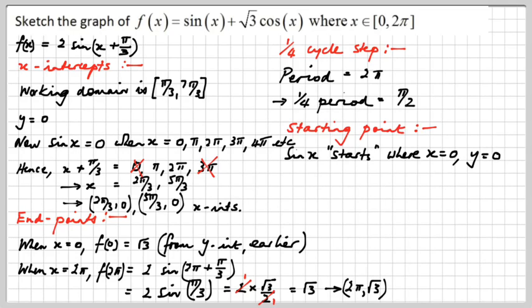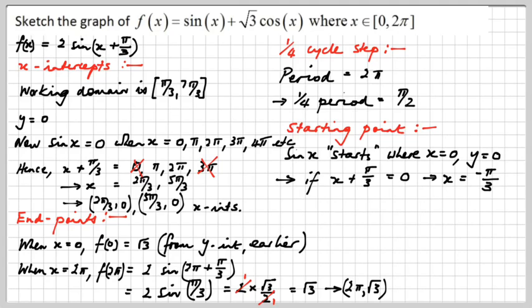Now, this one is translated, isn't it? So we're saying x plus pi on 3 is the thing behind the sine. If that equals 0, then what is x? x will be minus pi on 3. So that is the natural starting point of this trig graph, because it's been translated to the left by pi on 3.